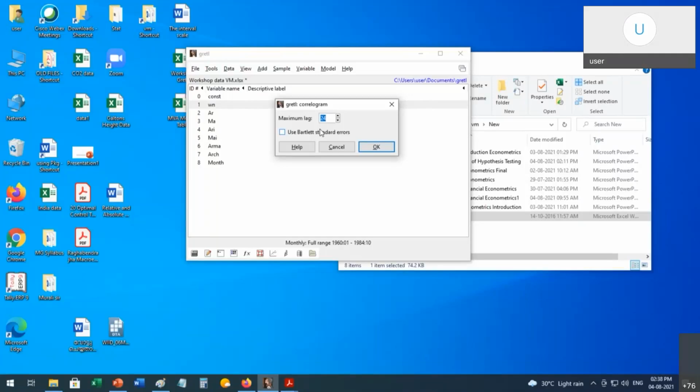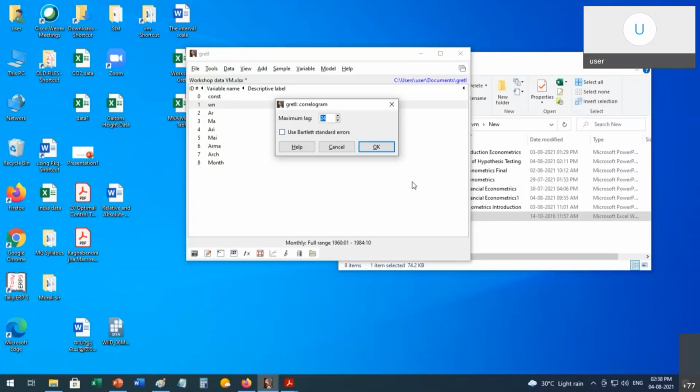If we are using a constant variance assumption, then we can use the Bartlett standard error. Anyway, it doesn't matter in this case. Usually the standard error of the confidence interval is given in terms of 1.96 divided by root T, where capital T is the sample size.